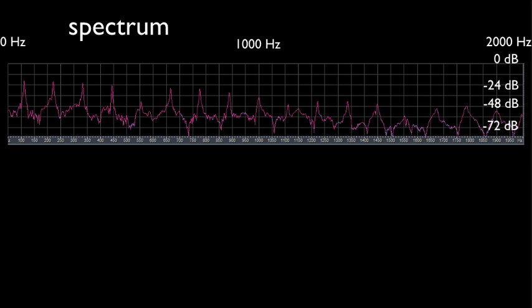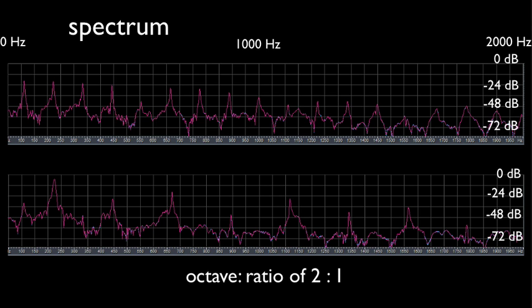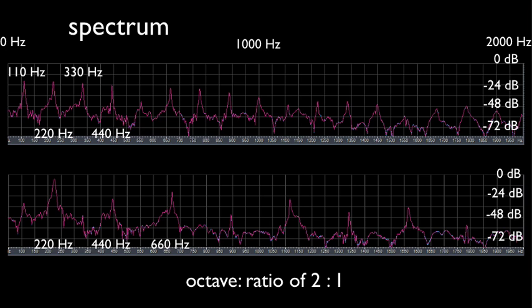If we look at the spectra of those, we see that our first one has got 110, 220, 330, 440 and so forth. The second one, 220, 440, 660, so forth.